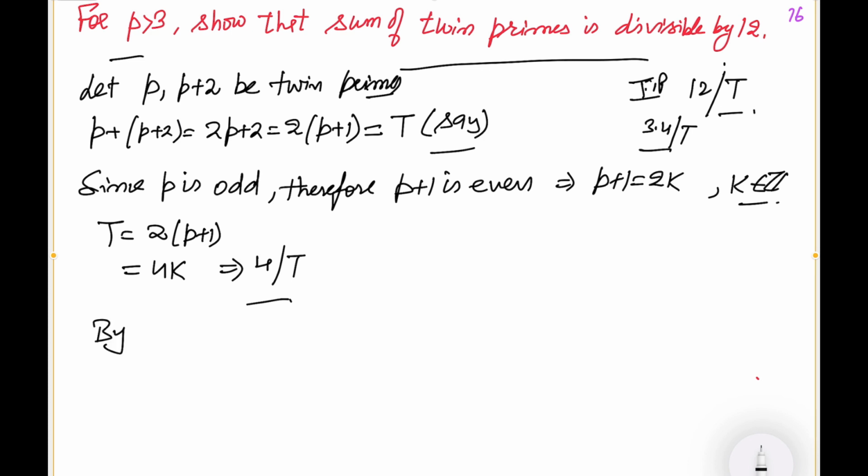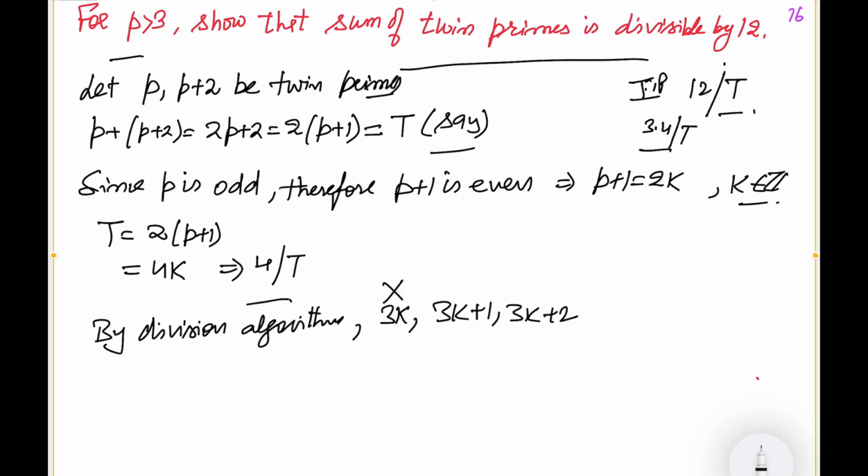By the division algorithm, when we divide any number by 3, it is of the form 3k, 3k plus 1, 3k plus 2. But 3k cannot be prime, so we are left with only two possibilities, 3k plus 1 and 3k plus 2. First let p be 3k plus 1. Then p plus 2 is 3k plus 3, which is a multiple of 3, not a prime.